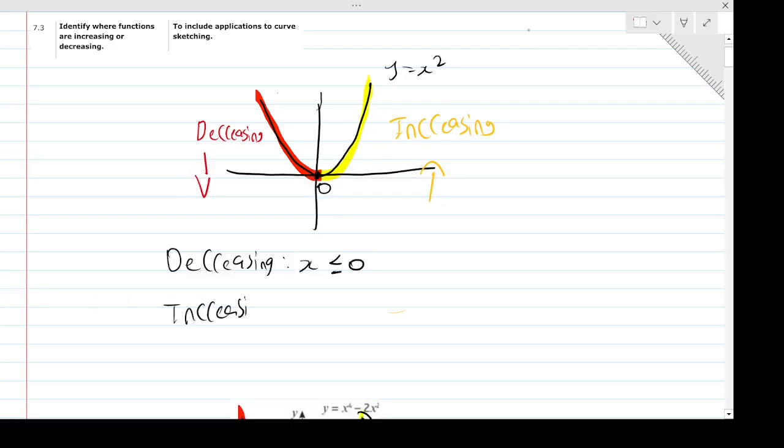And so the idea is, we're giving values exactly where the graph is increasing or decreasing. It's quite similar to when we solve quadratic inequalities, where we give the values of x for certain regions of the graph. That's kind of what we're doing here. We're finding the regions of the graph where it's increasing and decreasing. Okay, cool.